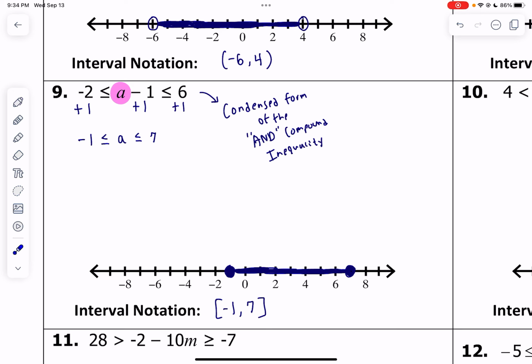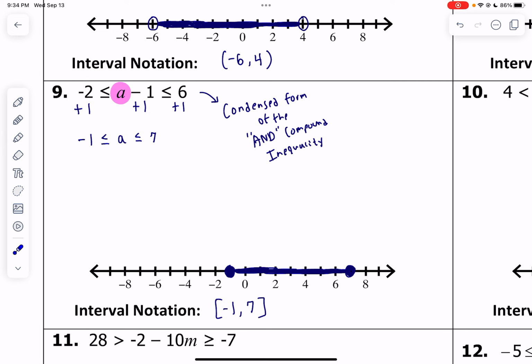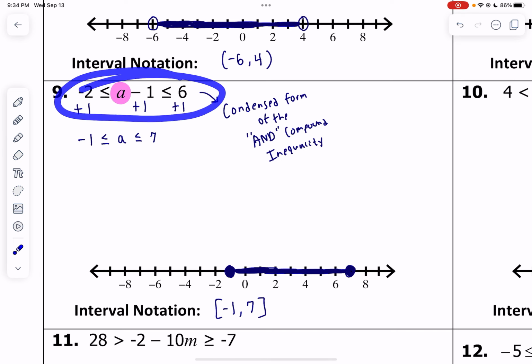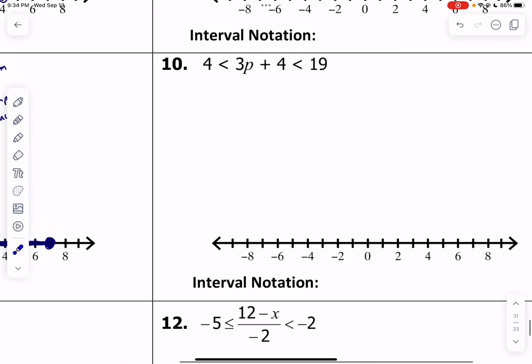So this condensed form that they are referring to, we're definitely going to go ahead and cover that again in our next class when we talk about absolute value inequalities. So we're definitely going to be seeing this condensed form again. All right, let's go over to number 10.